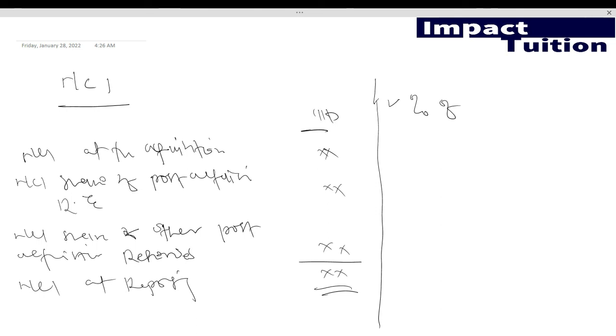Percentage of net assets at acquisition. Or at the fair value as at the date of acquisition.